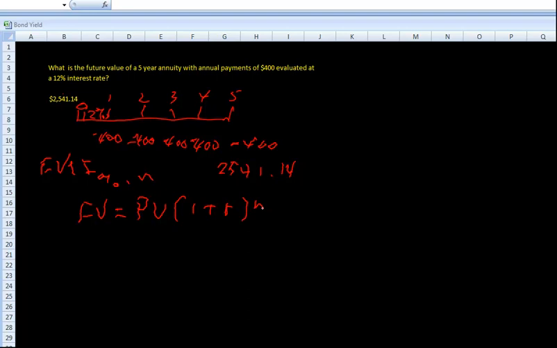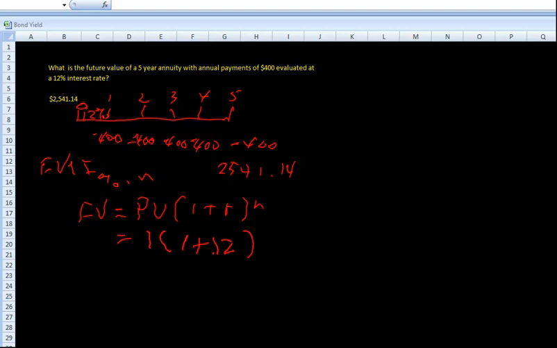And then if we want to get a factor, what we have to do is set the present value equal to 1 here. And let me erase that. Okay, we have 1 for present value, and we have 1 plus our rate, which is 0.12.